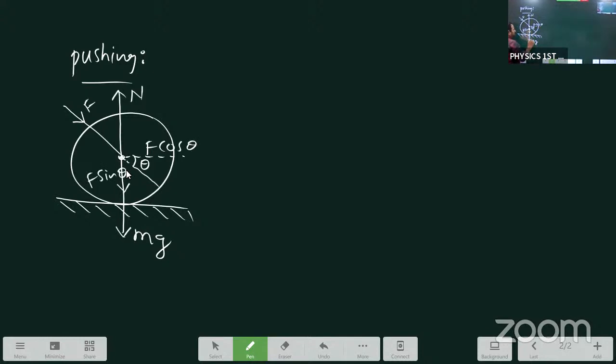Previous case mg and N, present case mg and N, both are the same. What is the reason? Normal reaction always balances with weight in the upward direction. Gravitational pull is always acting toward the center of the earth. So the arrow is different: F sin theta downwards, and N. Total sum of upward force equals sum of downward force.